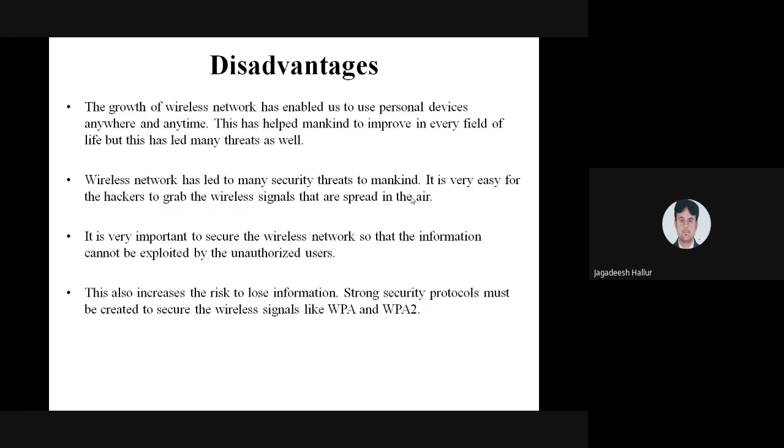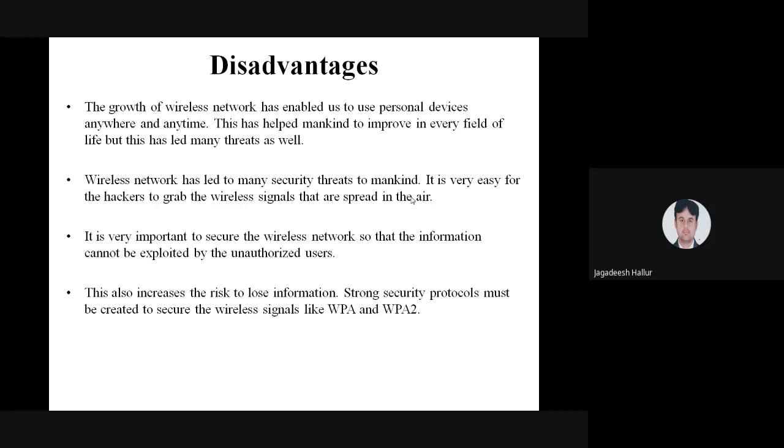And what are the disadvantages? If there are advantages, some disadvantages will come too. The growth of wireless networks has enabled us to use personal devices. What does it mean?